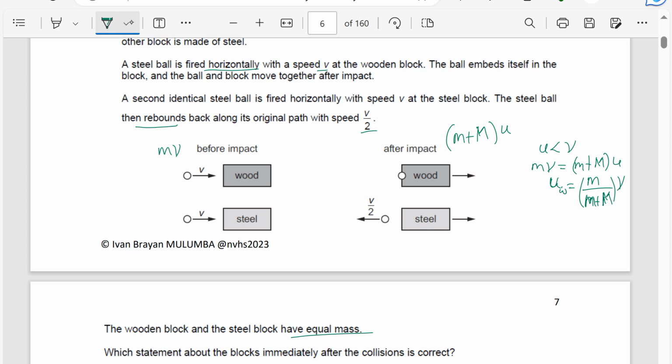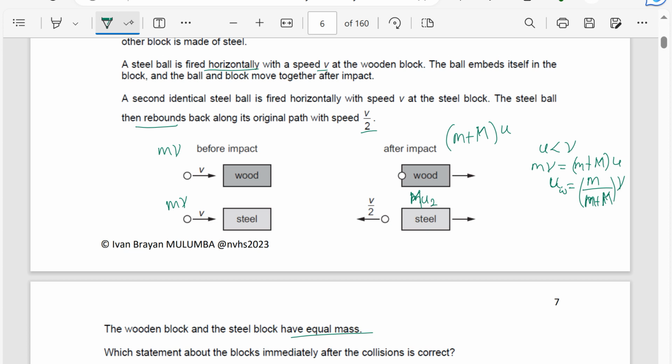So this side it is mv, and the other side, because the ball rebounds, for the steel it is going to be capital M times u2.